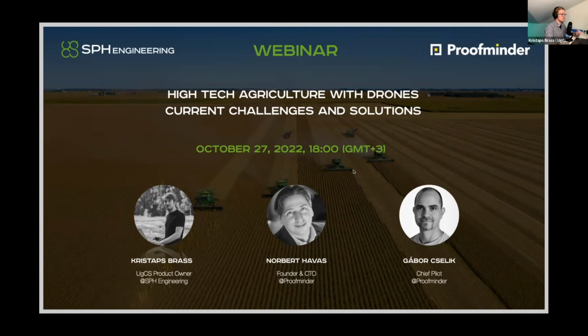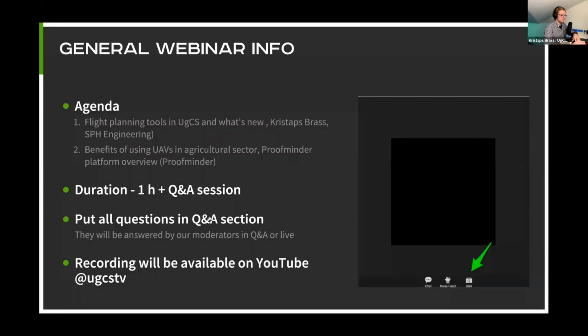So maybe initially, just before we get into that, I'll introduce some general webinar information. Like I said, the agenda is that first, I'll explain a bit about the flight planning tools in UgCS, as well as what's new in the newest version. A few days ago, we released UgCS 4.12. I'll briefly talk about what's in there, and I also plan to show you the software.